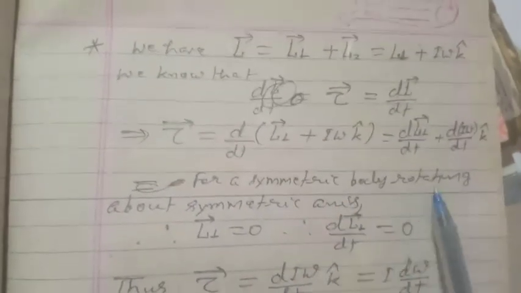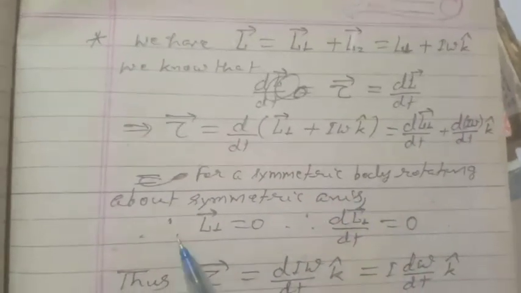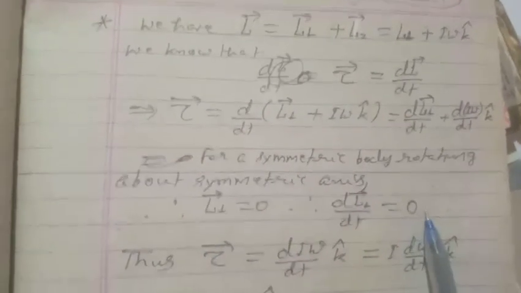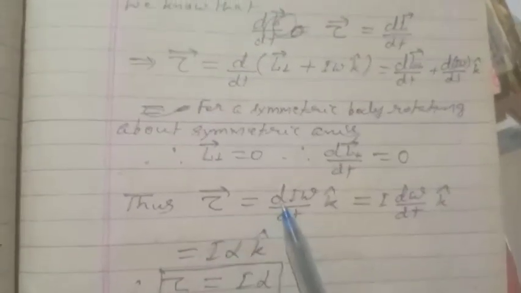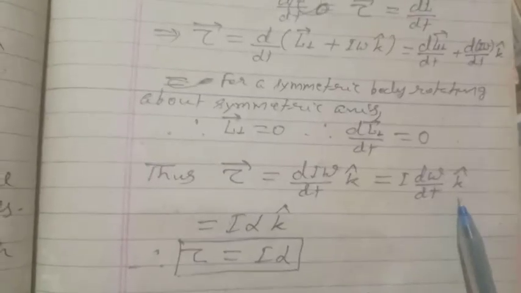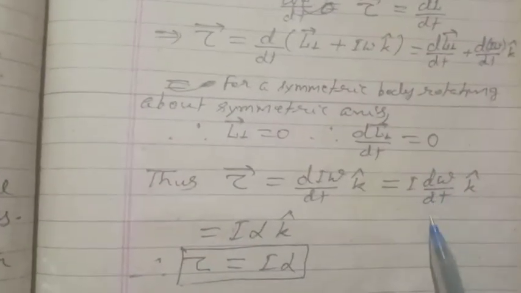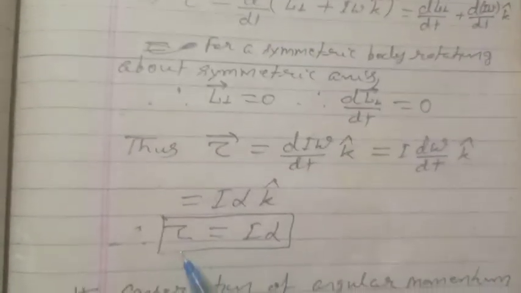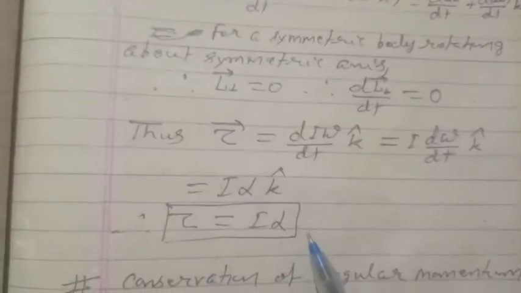For a symmetric body rotating about the symmetric axis, L perpendicular is 0, so dL perpendicular by dt equals 0. Thus tau vector equals d(I omega) by dt into k cap, equals I d omega by dt k cap, and d omega by dt equals alpha, that is rotational acceleration, angular acceleration, equals I alpha k cap. In magnitude tau equals I alpha. That is, torque equals moment of inertia into angular acceleration.